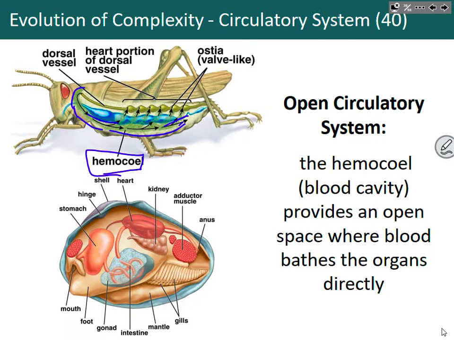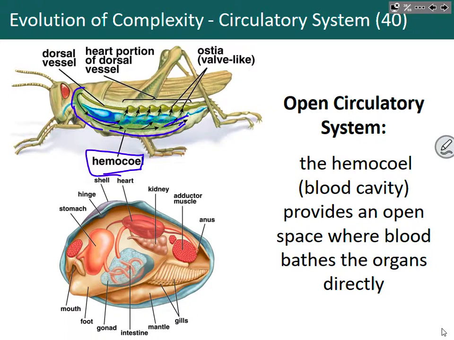And this is where the circulatory fluids, the hemolymph, are going to just pool freely. So rather than having capillaries and narrow closed circulatory systems that deliver materials, the organs are actually just bathed in this fluid. And so blood coming from the heart, which is here, our dorsal vessel heart portion, is going to pump into the hemocoel.